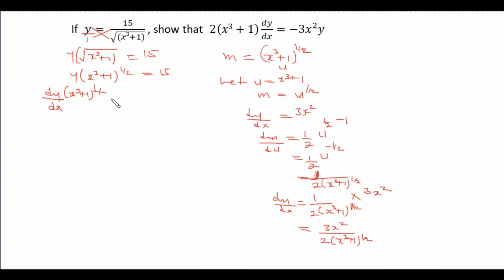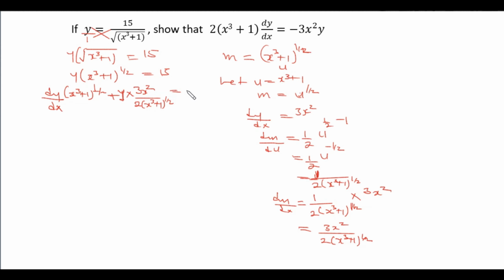Plus we keep y times the derivative of the x part, which is the value we just got: 3x squared all upon 2 times (x cubed plus 1) raised to the power half.